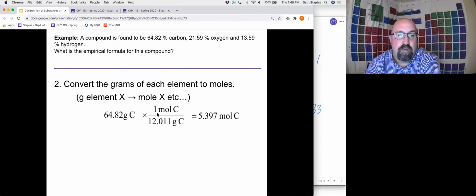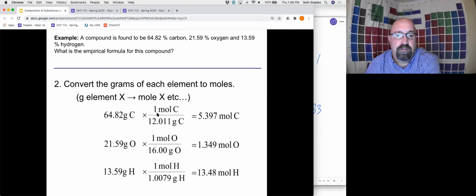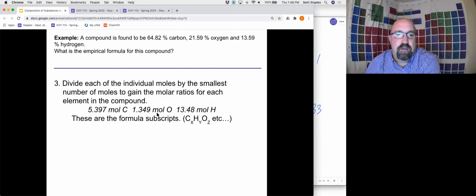So there's our 64.82 grams of carbon converted to moles, our oxygen converted to moles, our hydrogen converted to moles. We divide each of those now by the smallest number, which is 1.349.